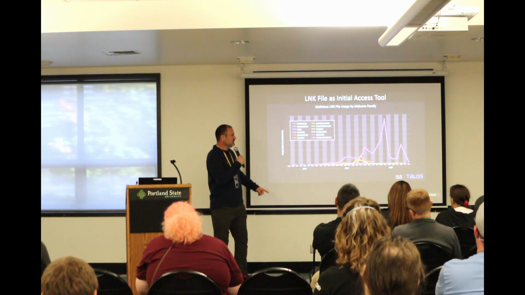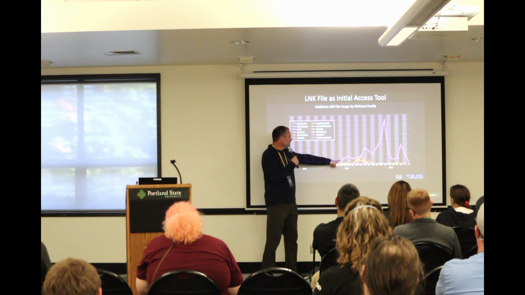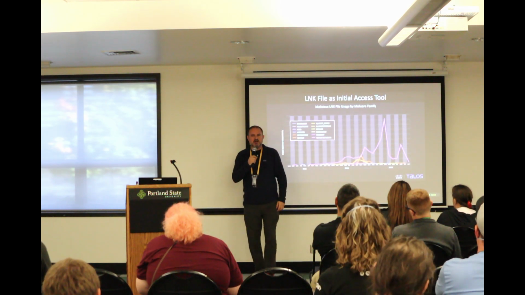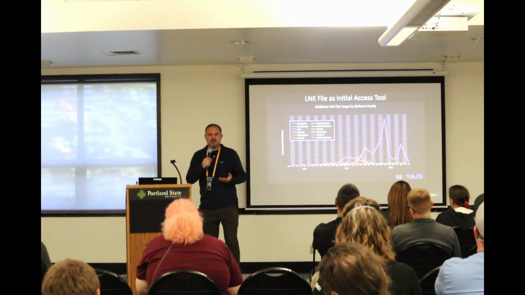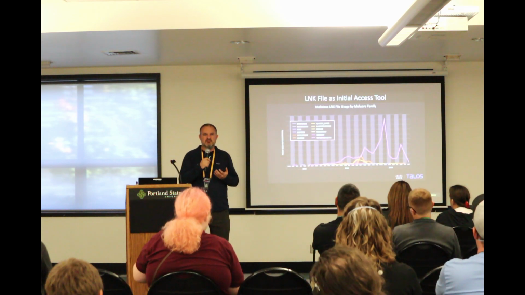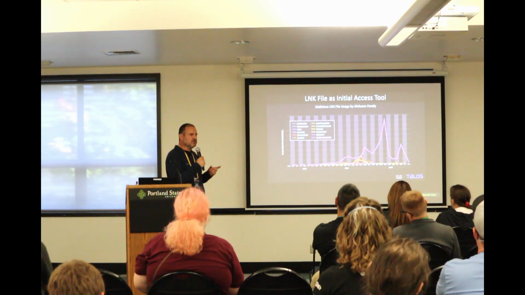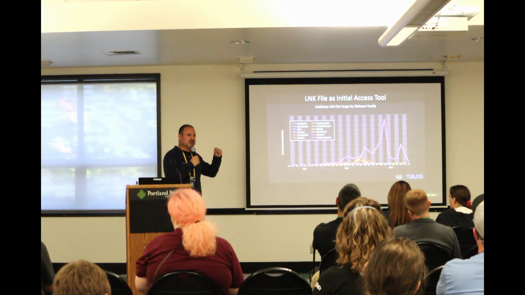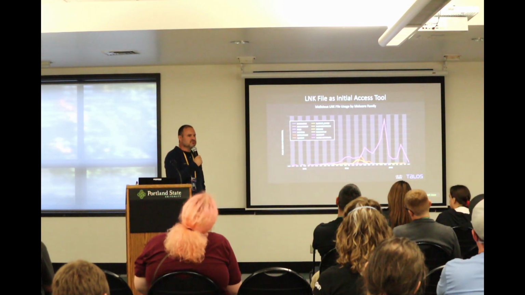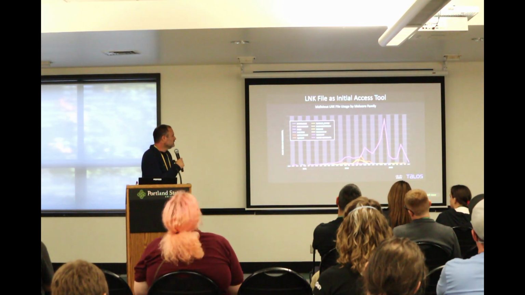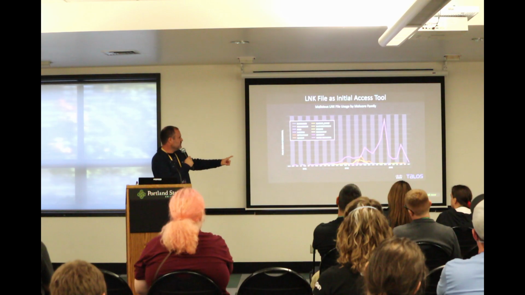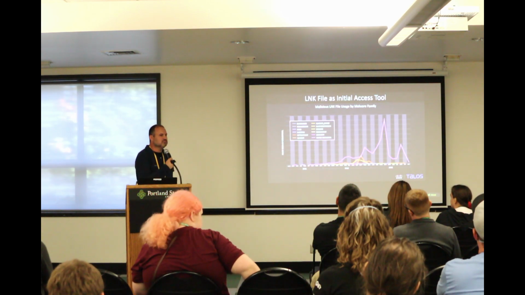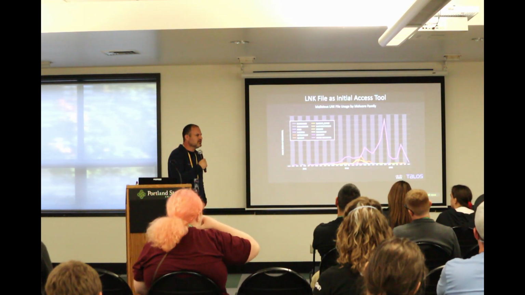But this big purple line here are actually link files that have all the metadata wiped from them. So we cannot use them to map to a specific family, but we can see that there is a huge spike around the first in November, December, and then these last couple of months now.